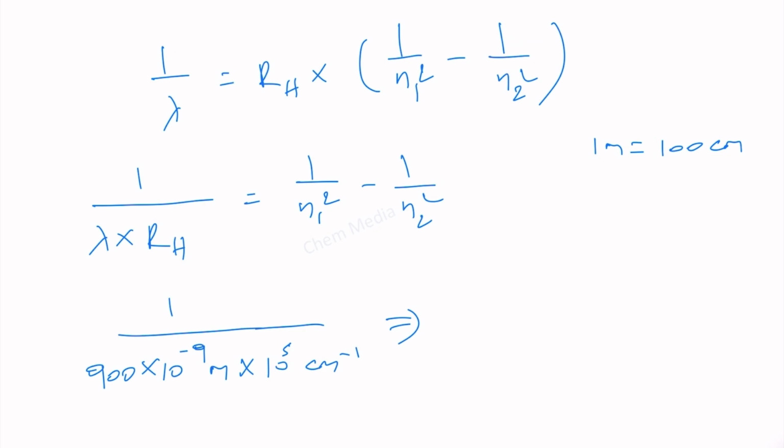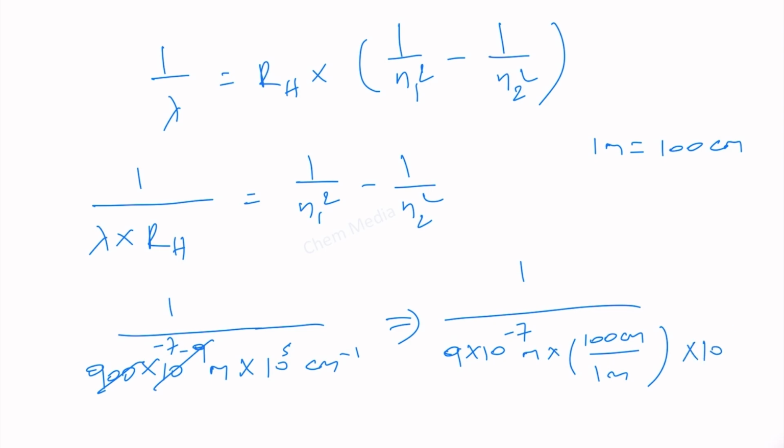Therefore, if we do that, then 1 by 9 times 10 to the power minus 7, because we have 10 to the power 2 here, so this will become minus 7 meter times 100 centimeter divided by 1 meter times 10 to the power 5 centimeter inverse.